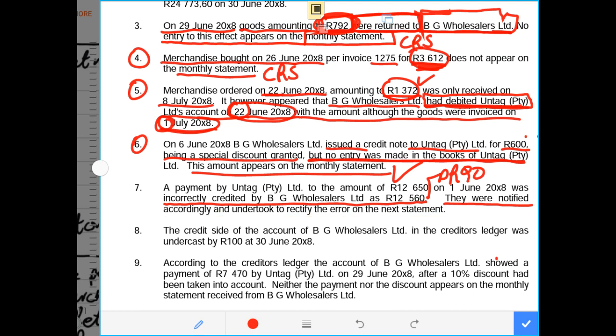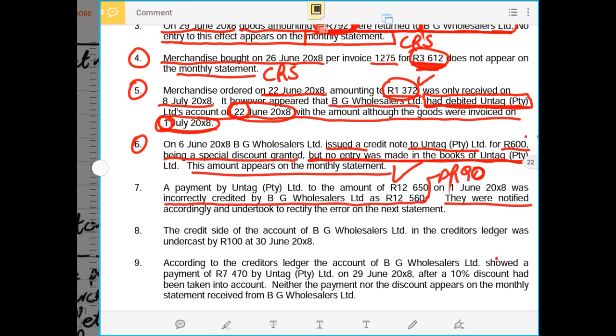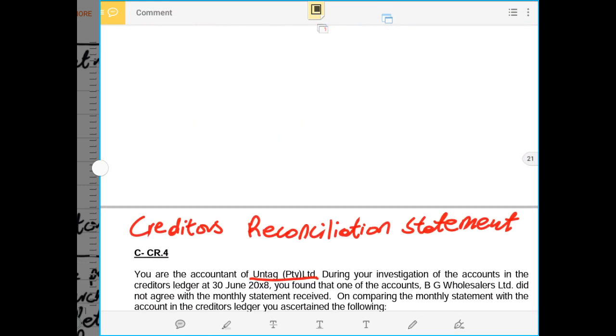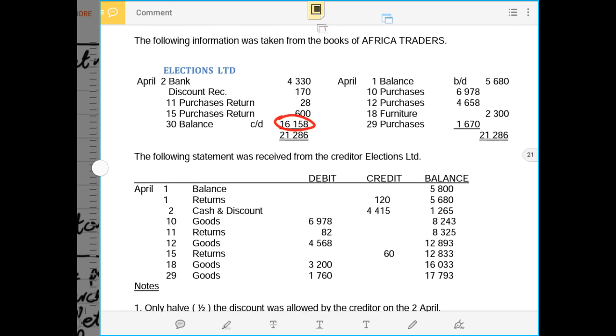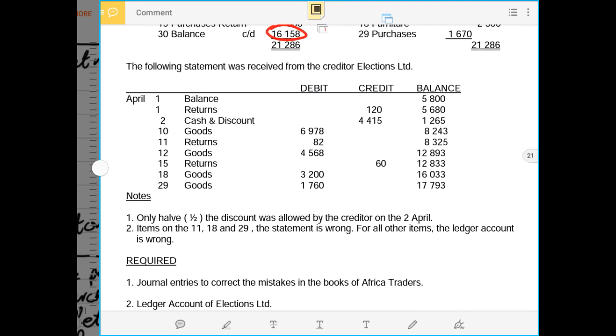So now we have to make this correction because it is for the current month, on the first day of June. So now we say, okay, the amount is supposed to be 12,650, but they underestimated, they recorded the small amount as 12,560. And this was a payment. Remember, this was a payment. So now let us check which side the payment is supposed to belong to on the creditor's statement.